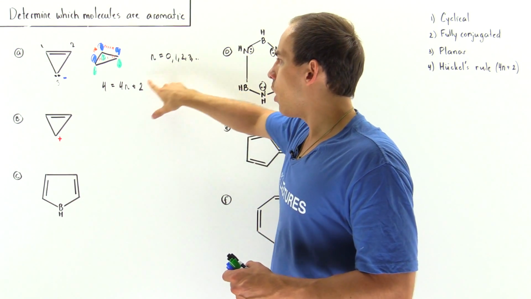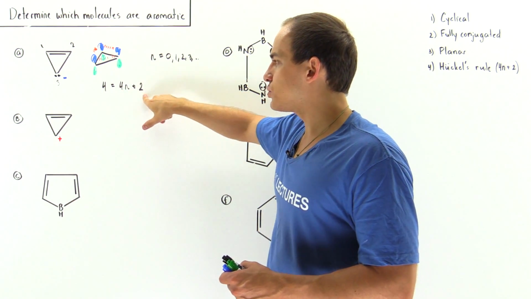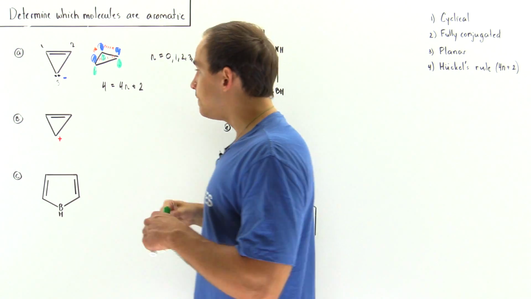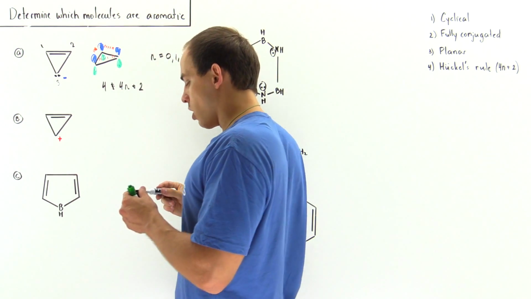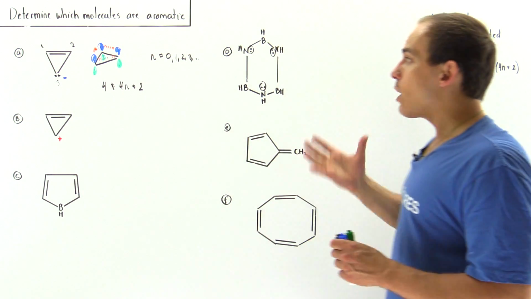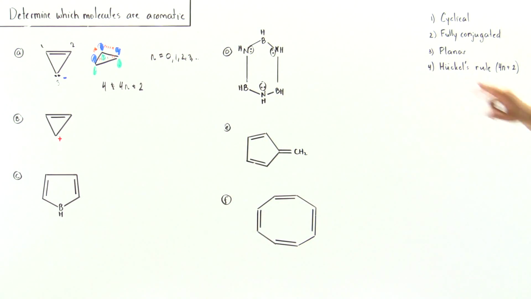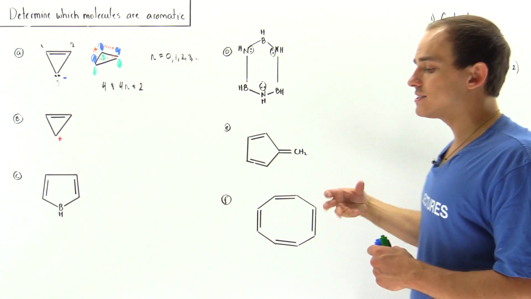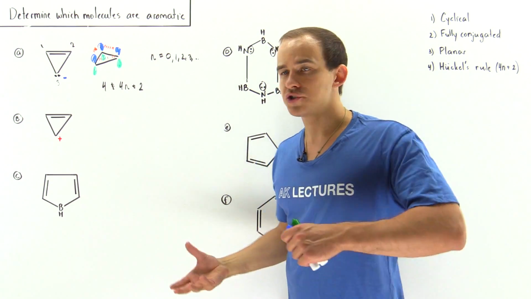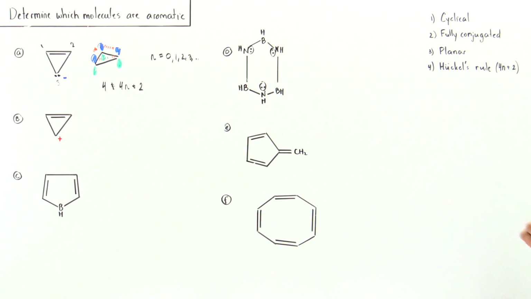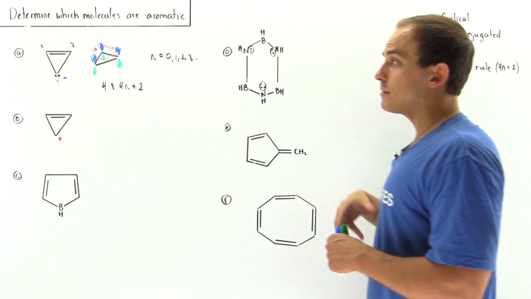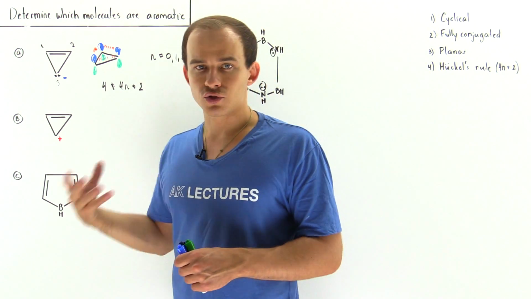If we choose 1 to be n, then 4 plus 2 is equal to 6. In fact, we can never get a value that is equal to 4. And because our molecule doesn't satisfy rule number 4, it doesn't have the right number of electrons, that molecule is not aromatic. So molecule A is not aromatic because it doesn't satisfy Huckel's rule.